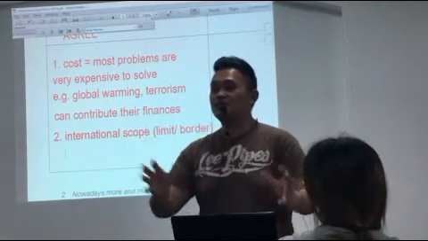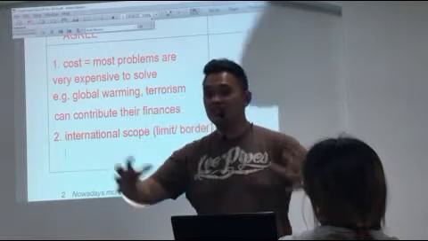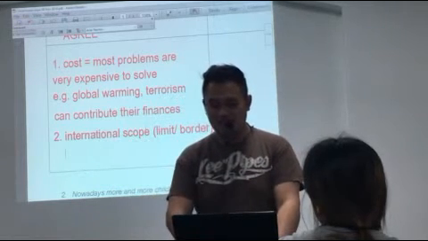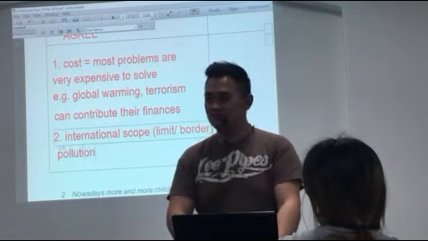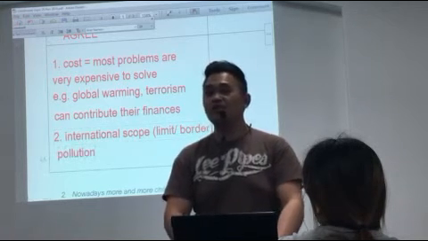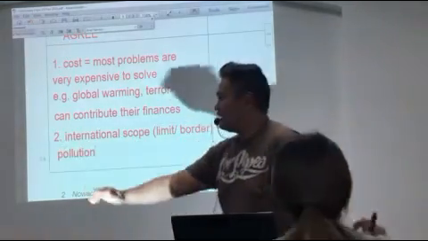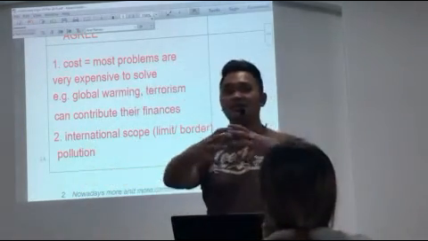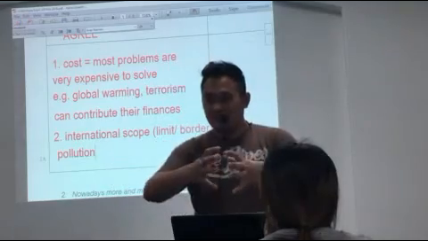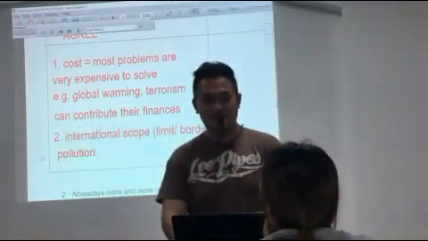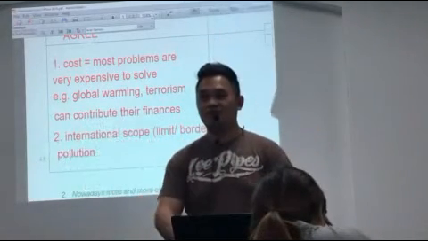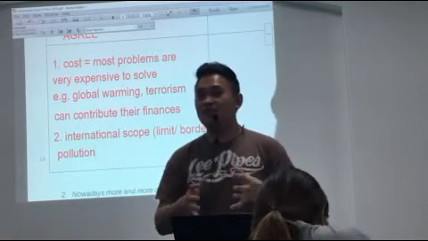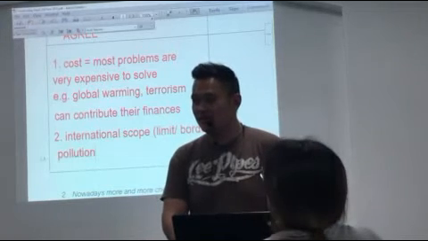But most problems in the world have international scope, isn't it? What's the best example? Pollution. The pollution in China has international scope. It's not only limited in China. It goes to many countries, isn't it? That's why countries need to help each other.